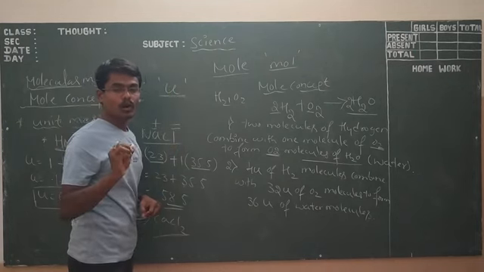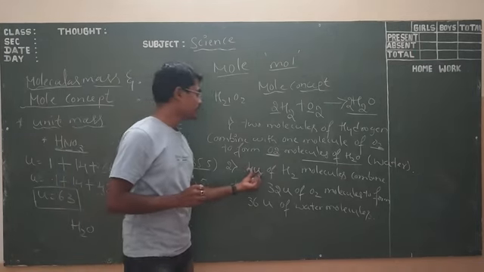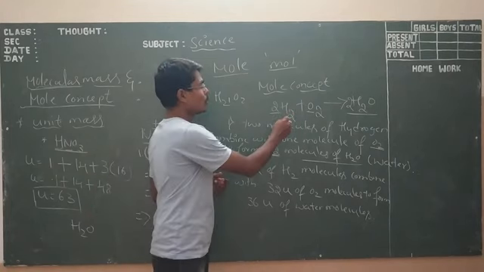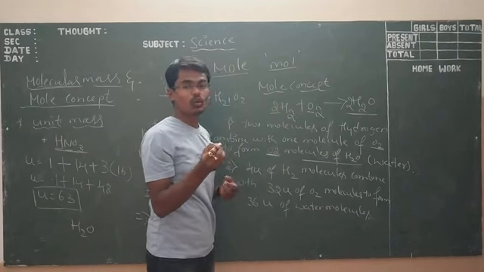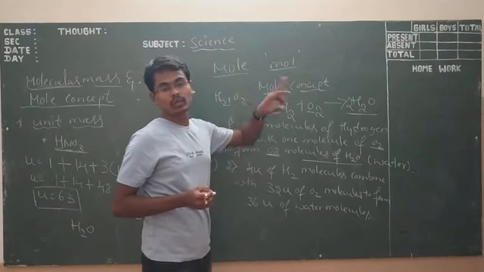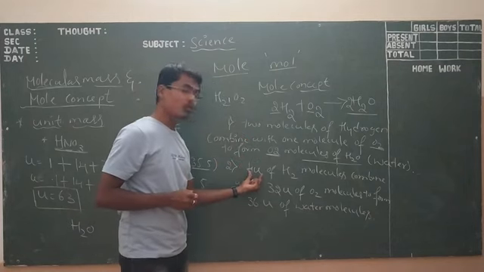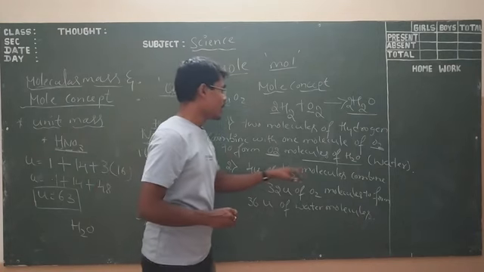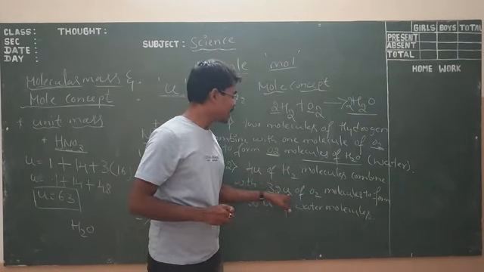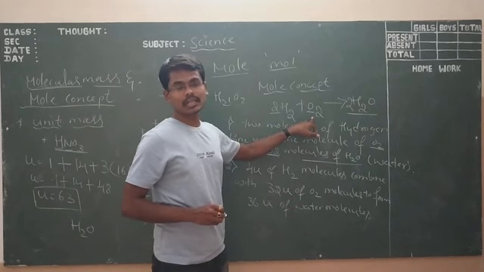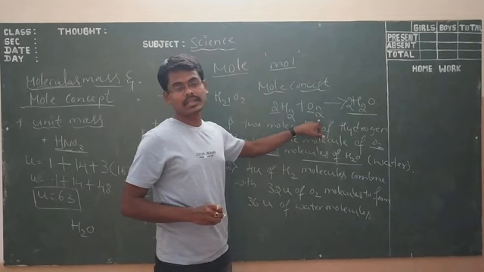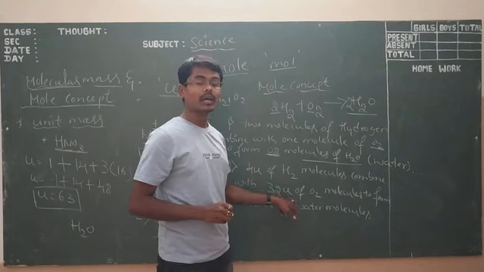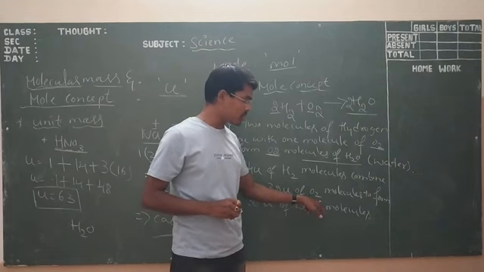Then the second one. We know what this U is. U is the molecular mass. We know that the atomic mass of hydrogen is 1. Here two atoms are there, hence 1 into 2 is 2. Then two molecules are there, 2 into 2 is 4. For that reason 4U is the molecular mass of the hydrogen. Combined with 32U: we know that the atomic mass of oxygen is 16. Here two atoms are there, 16 into 2 is 32. For that reason 32U is the molecular mass of oxygen.